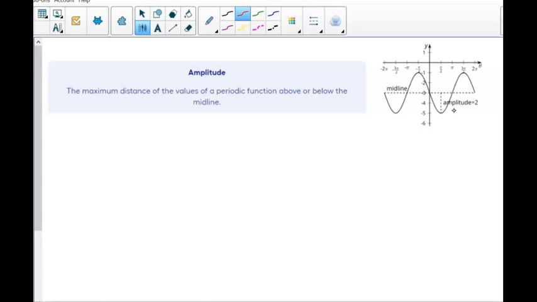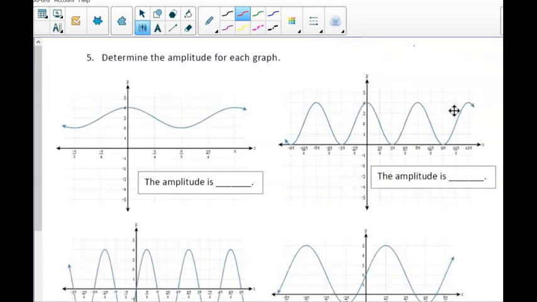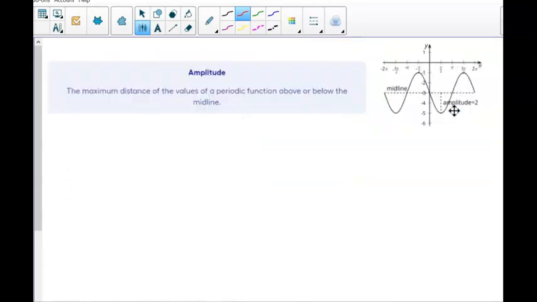So what we're talking about here is what we call the amplitude. It's the maximum distance of the values of a periodic function above or below a midline. So a midline is basically a line that divides the graph in half. So it's kind of like a line of symmetry. So the graph below it and the graph above it are the same shape.